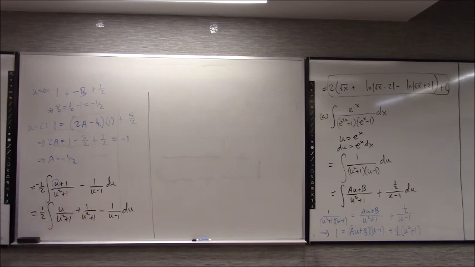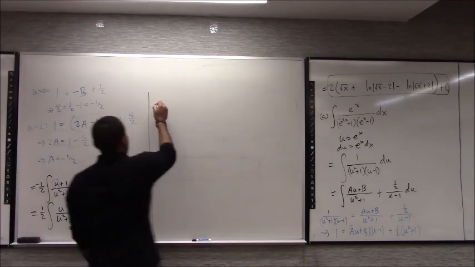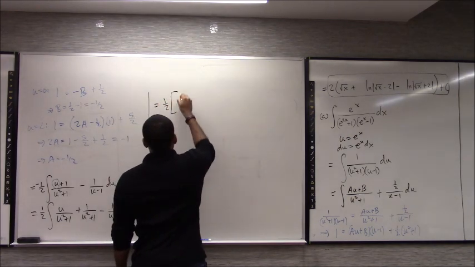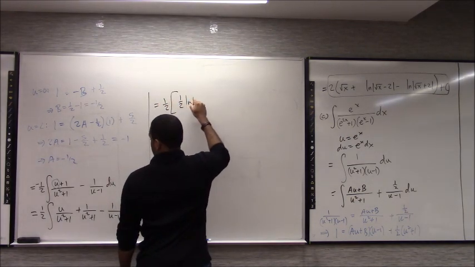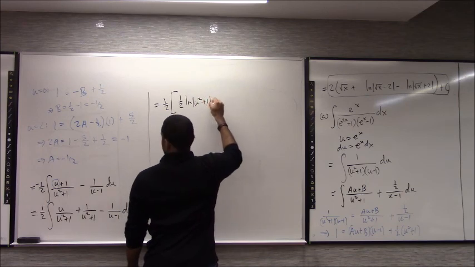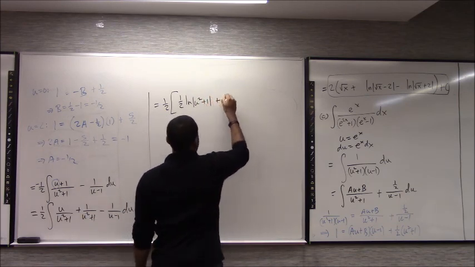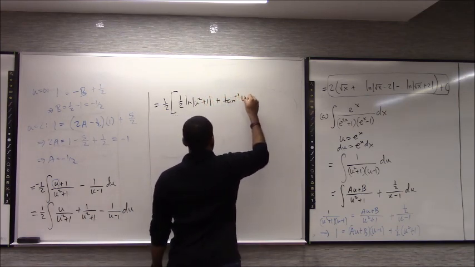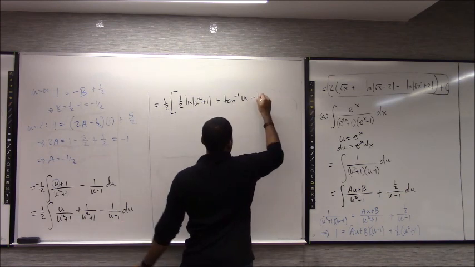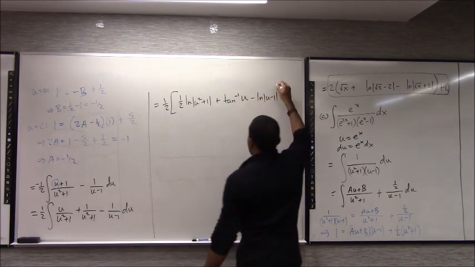Here it's going to be a substitution where the derivative is going to be 2u du, so you're going to divide out 1/2. So this is going to be 1/2 ln of u squared plus 1, plus arctan of u minus ln of u minus 1.